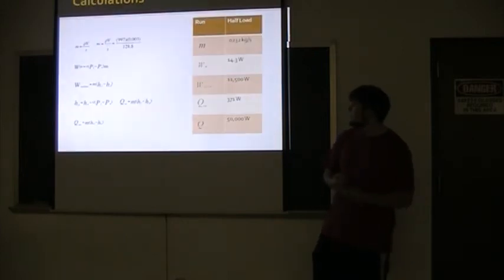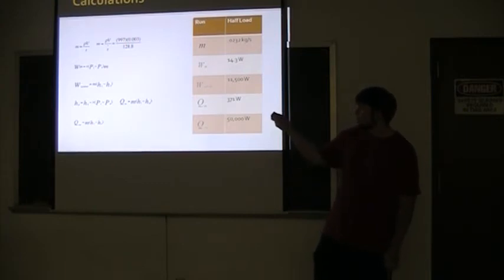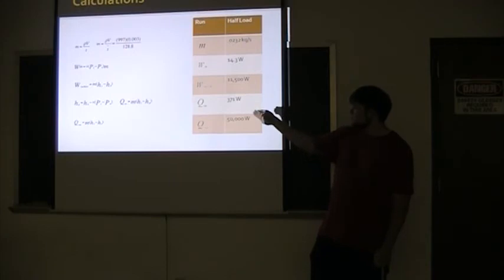Alright, now that we had the H's, we could solve for mass flow rate, work in, work out of the turbine, heat in, and heat out. And for mass flow rate, we did density times volume over the average time. That gave us 0.0232 kilograms per second. Work in used the specific volume, which was also interpolated, and that was pressure times mass flow rate.